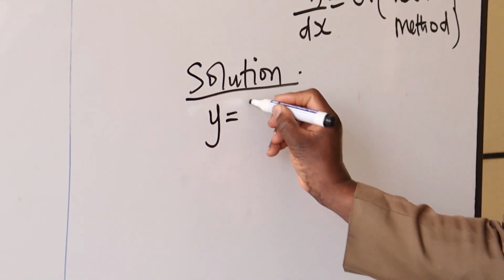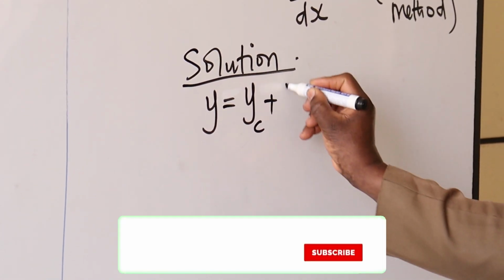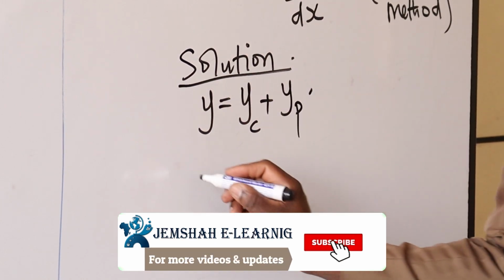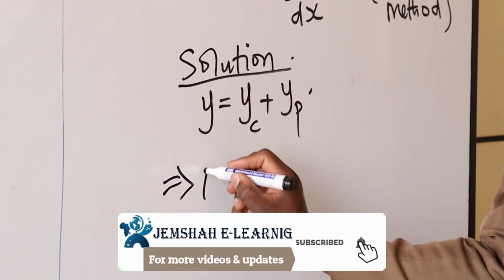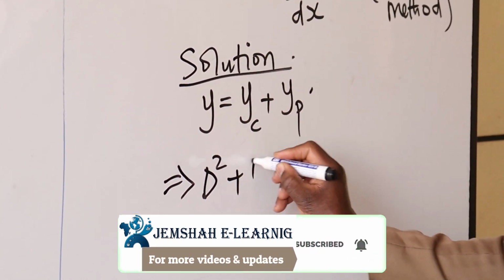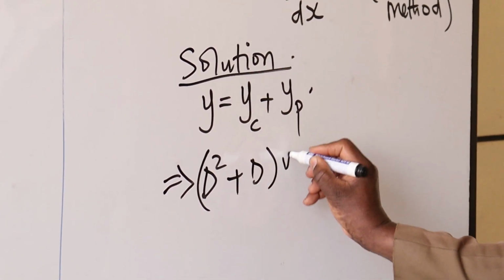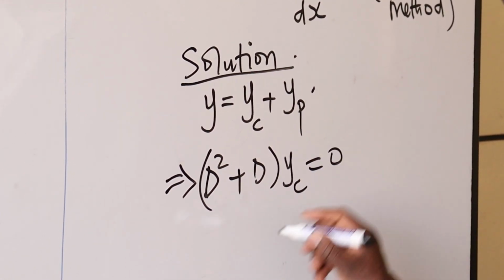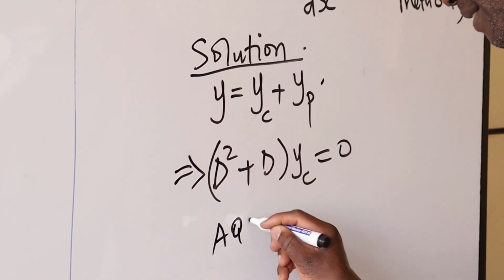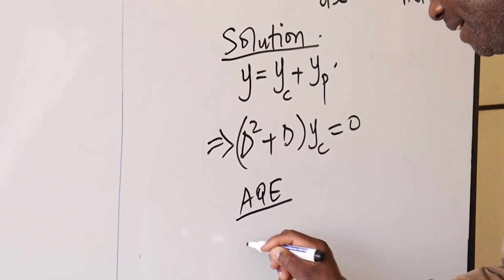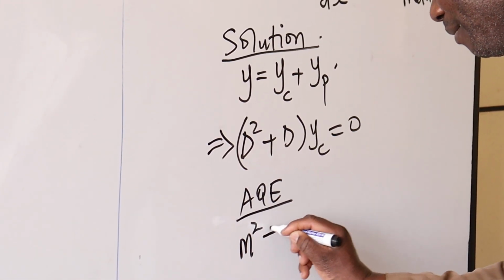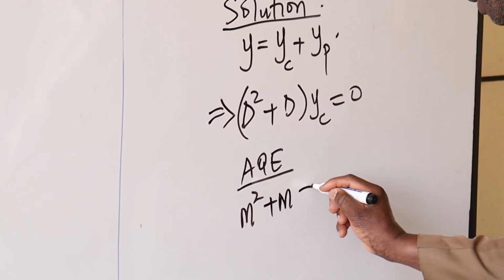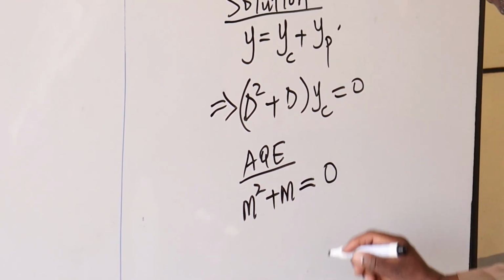So in our solution, y will be equal to yc plus yp. So this implies what? D squared plus D all into yc should give us 0. The auxiliary quadratic equation will be what now? That will be m squared plus m is equal to 0.